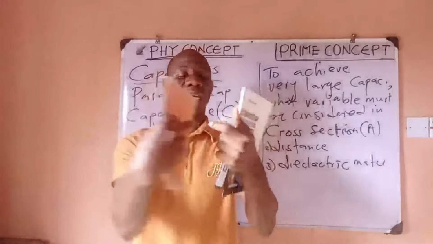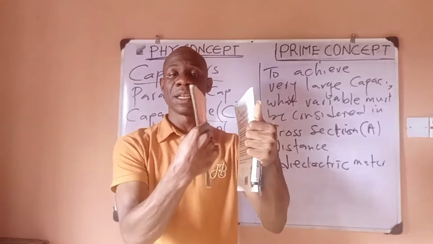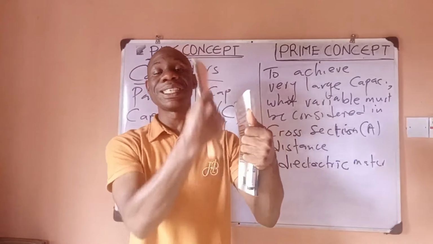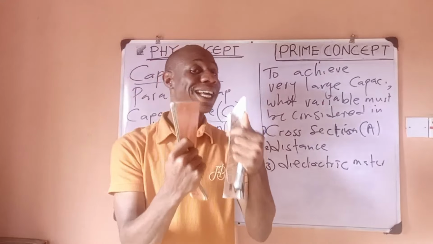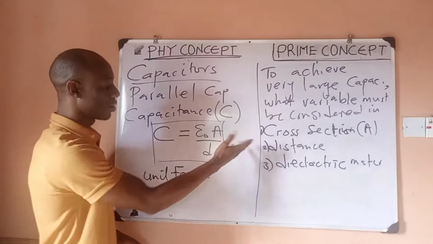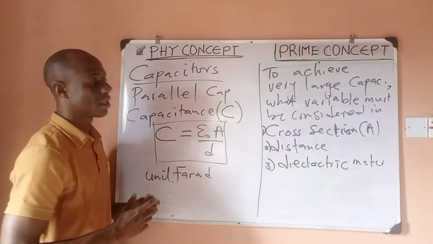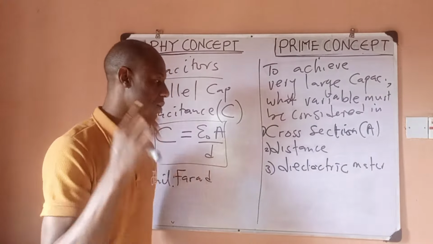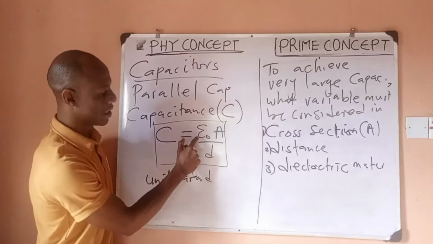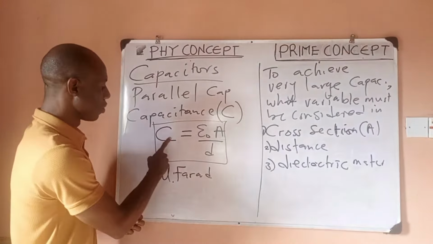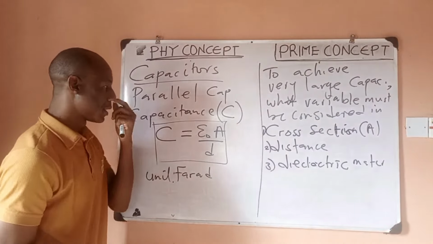They always put an insulating material between the plates so that the two plates don't touch each other. That material they put in between is what we know as a dielectric material. So these are the three factors that can influence the capacitance of the capacitor. The higher the dielectric value, the higher the capacitance. That is what this epsilon, permittivity, is talking about. So these are three things you should know about the capacitance of a capacitor.